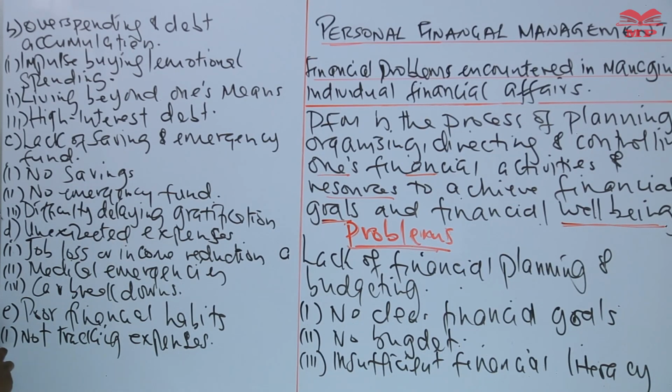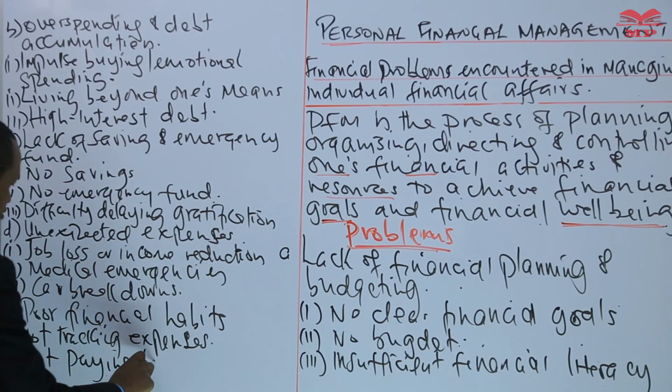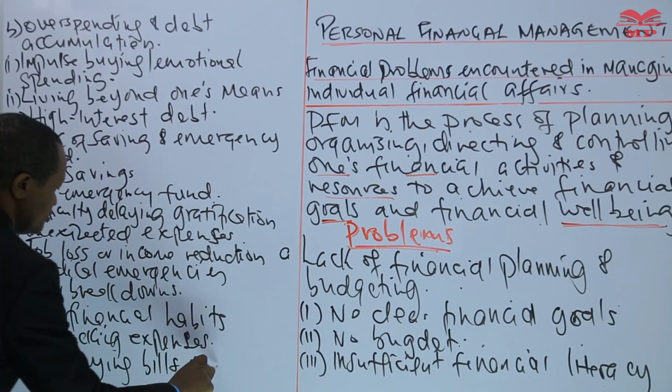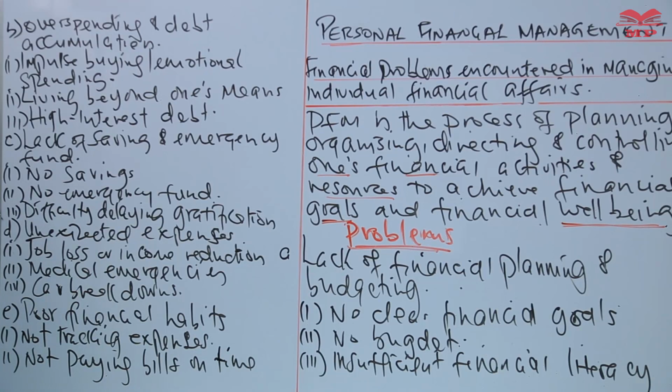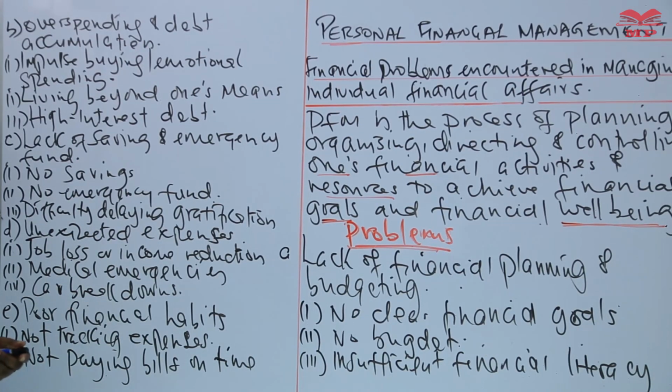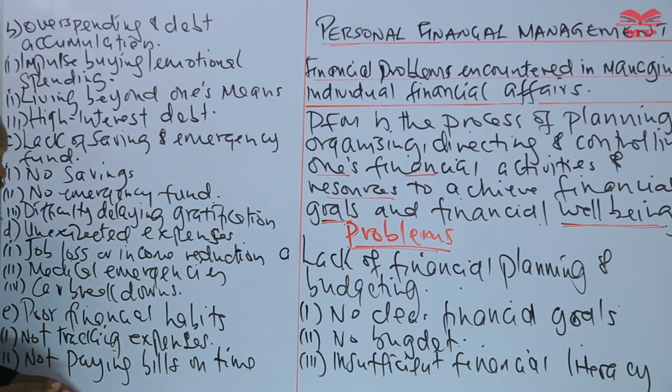Number 2, not paying bills on time is a poor financial habit. Not paying bills on time may lead to late payments, which can damage credit scores and also incur additional fees.